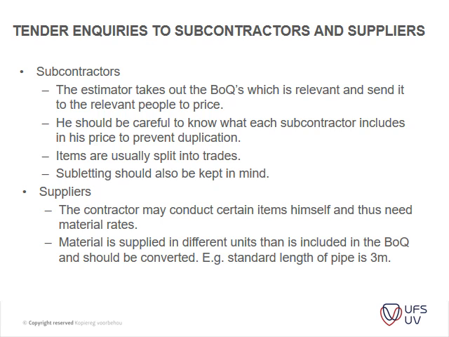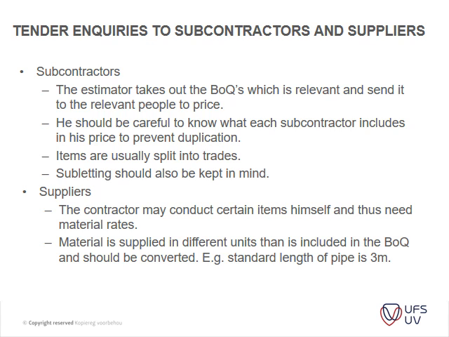He should be careful to know what each subcontractor includes in his price to prevent duplication. So that's very important. For instance, if you think about electrical installations, the electrical contractor will not necessarily do the excavations and the backfilling in trenches for his cable. So the civil contractor might have to assist him with that.